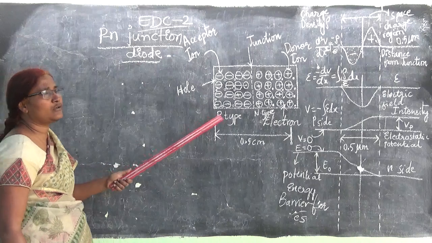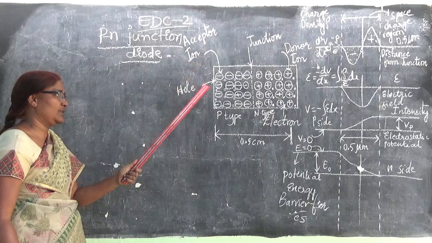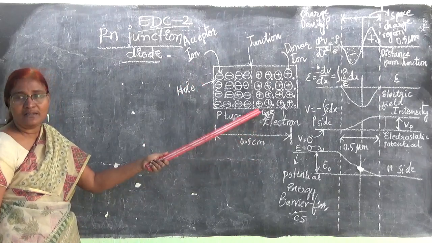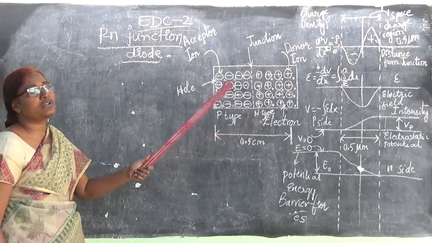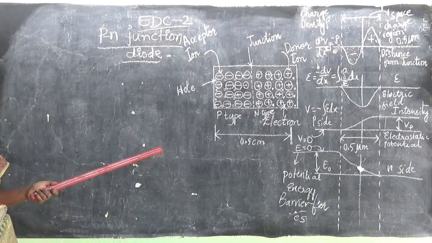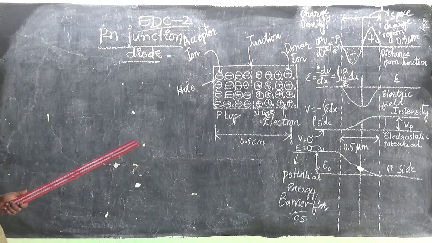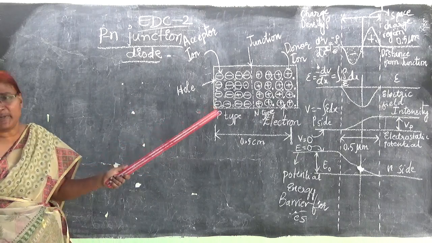Germanium and silicon are the semiconducting materials at that time, because your textbook is Millman and he wrote this book many years ago. That is the reason at that time germanium and silicon were the most highly used semiconducting materials.